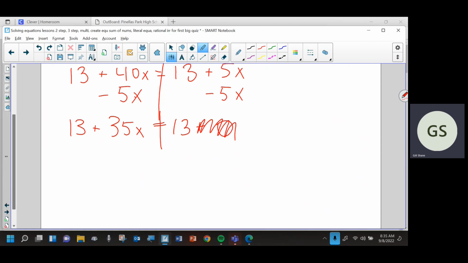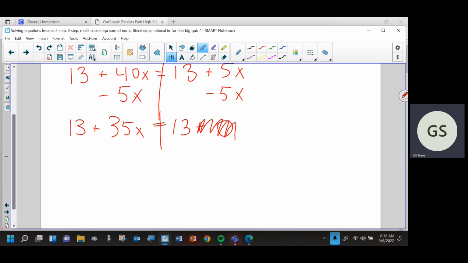What are the two things we said you could think of to determine where you start? Don't worry about looking it up, but you need to remember this. If you can't explain it, that's fine, as long as you know it. How do we know where to start? We start the farthest from the variable, or we can say we leave the variable for last, whatever's with the variable. Either way works. So the farthest from the variable is the 13.